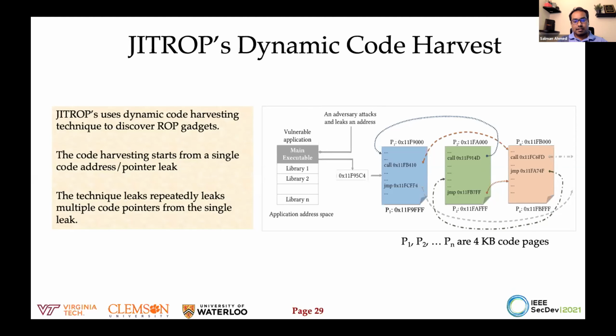So this process recursively performs memory leaks and looks for the gadgets it needs for its exploit. This is how a single memory leak can be turned into a repetition of memory leaks. And since this process is done dynamically, even if the code is ordered differently, it doesn't matter, because it looks for what it needs.